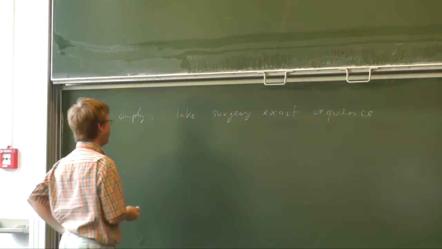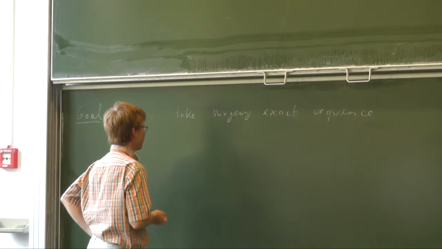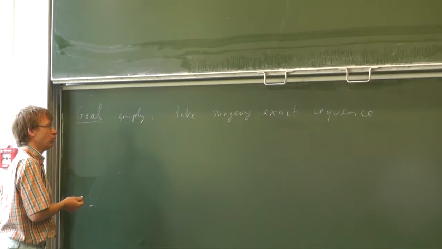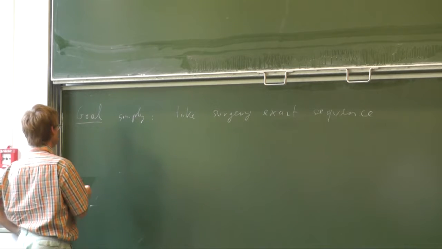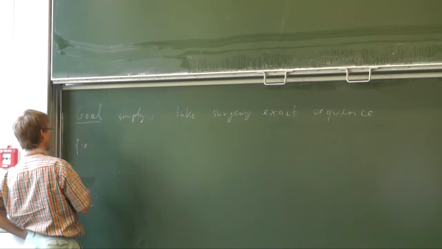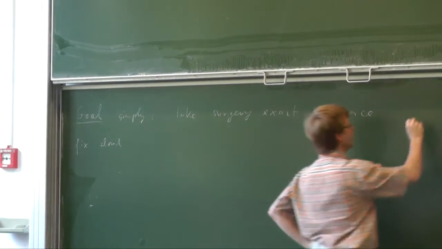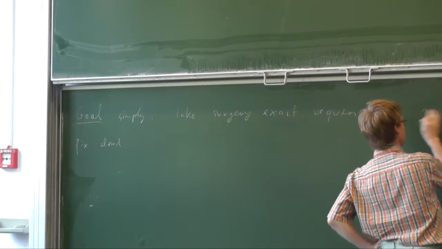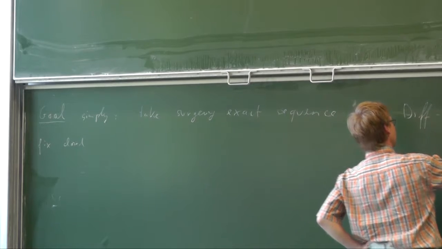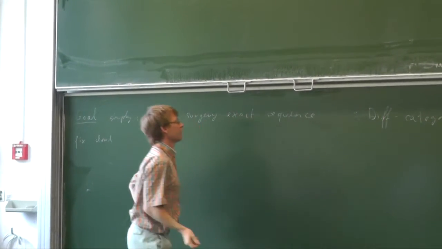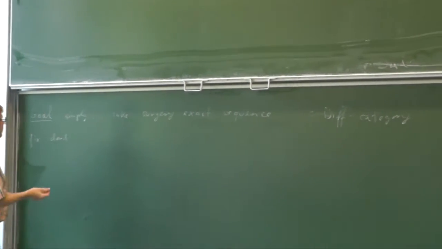So, the surgery exact sequence: fix a closed, oriented, smooth manifold M, and I'm always in the smooth category. Some stuff can be done in other categories, I'll talk about that.